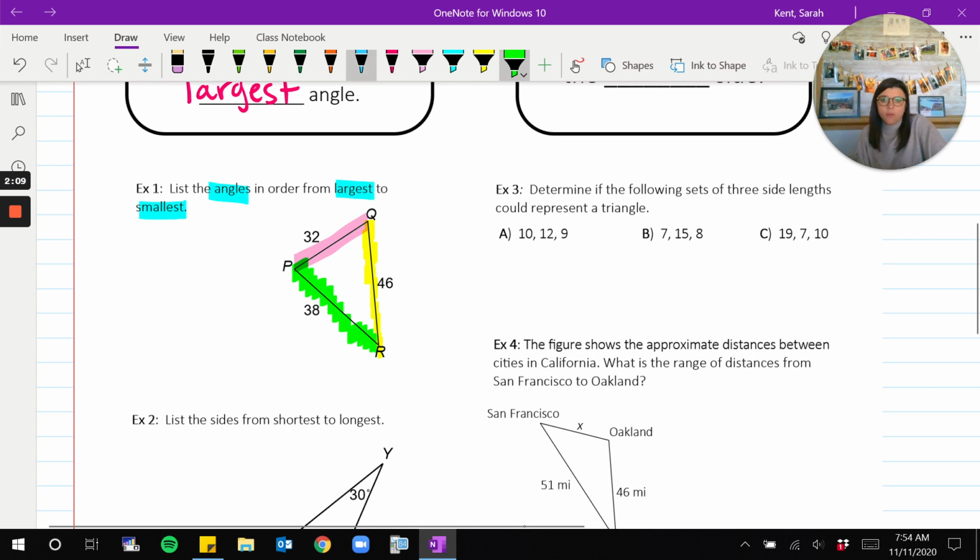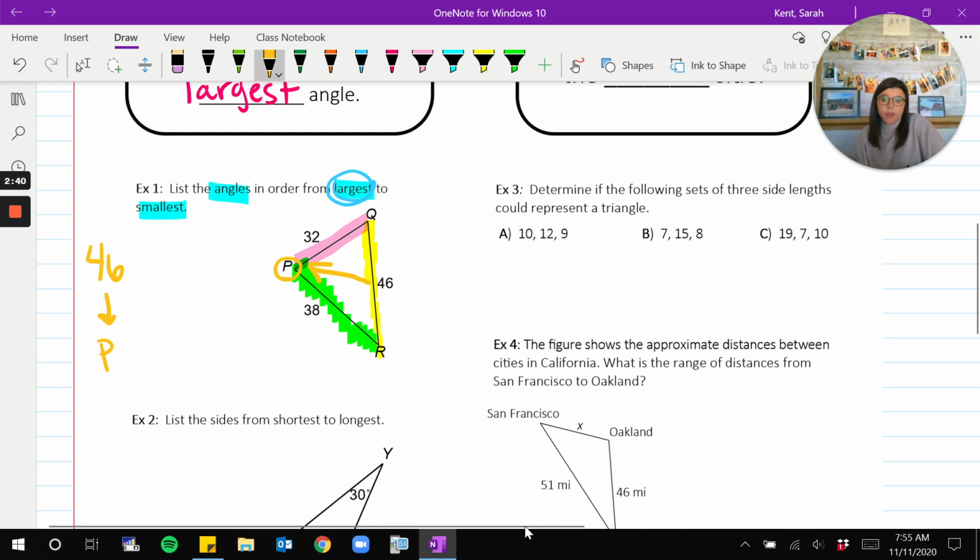So if we're looking for the largest first, I want to look for the longest side. 46 is my longest side. If I look across from 46, I see that points at angle P. So angle P would be my largest angle.